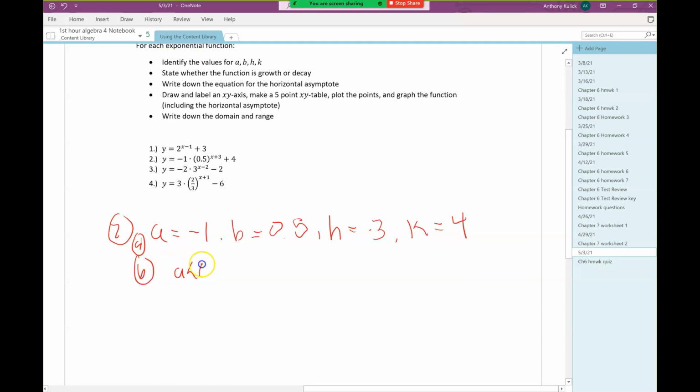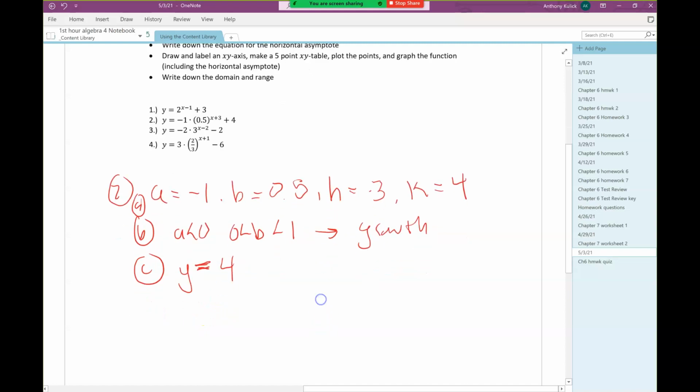So since A is negative and B is between 0 and 1, that means that this is growth. Says write down the equation for the horizontal asymptote. The horizontal asymptote is always y equals k. So that's just going to be 4.